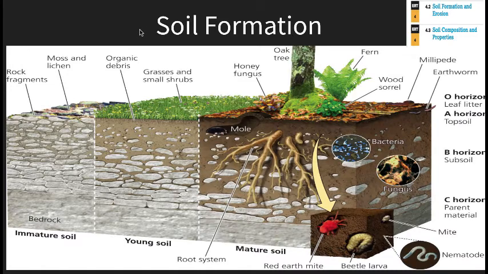We get the grasses and shrubs to start to grow on top, and the bedrock in that young soil continues to break down. Ultimately, we end up with mature soil that's able to support more biodiversity, more life, the decomposers like bacteria and fungi to help to manage the soil system, the complete soil system as we know it.